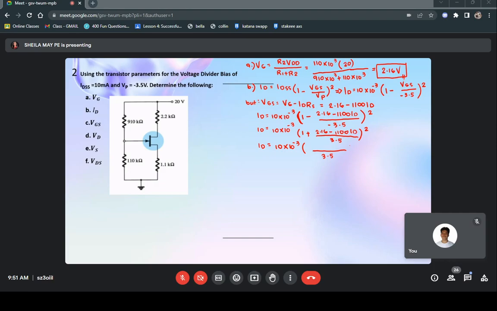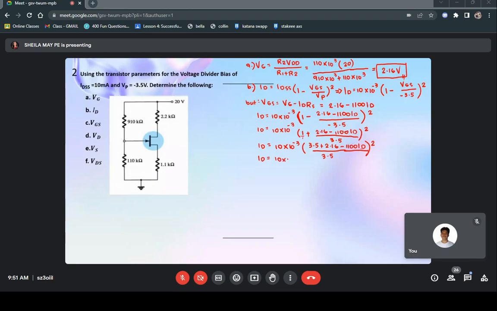Okay, 3.5 over 1, so that's 3.5 plus 3.5 divided by 3.5, that's 1, times this term here, 2.16 minus 1,100 ID, squared. You can copy that there.